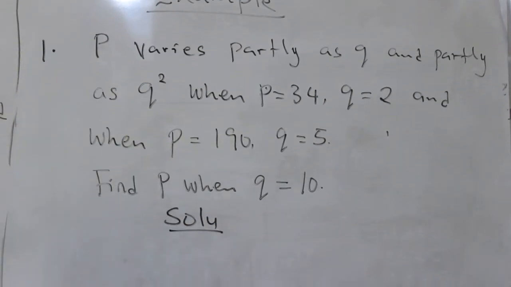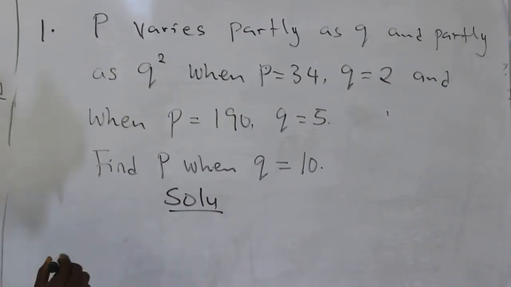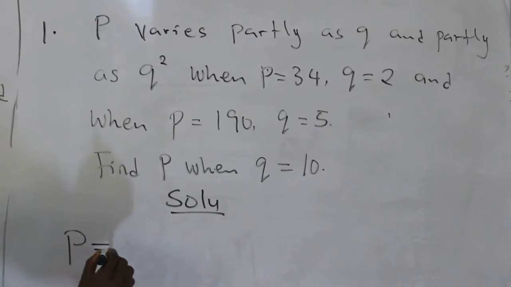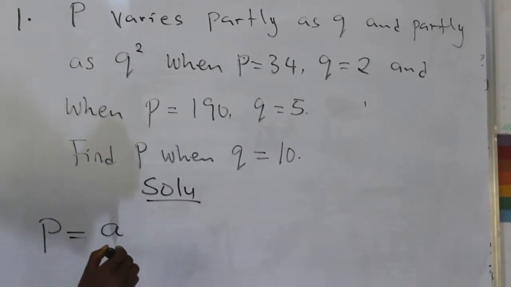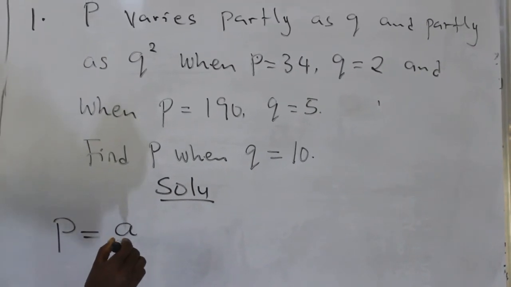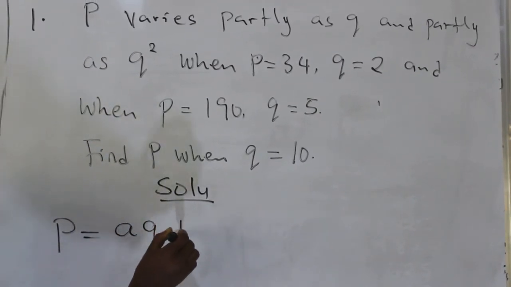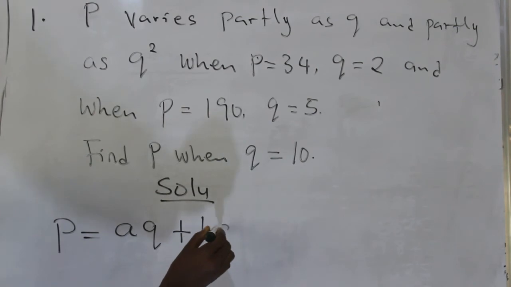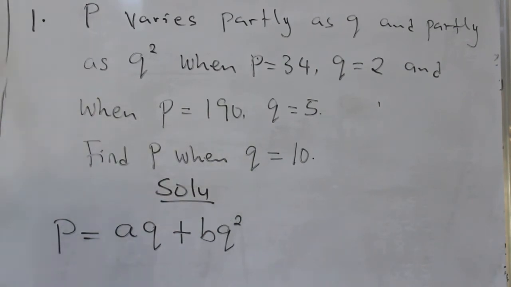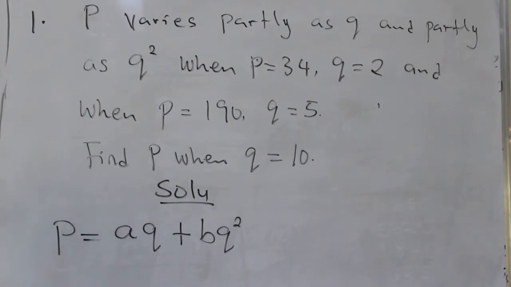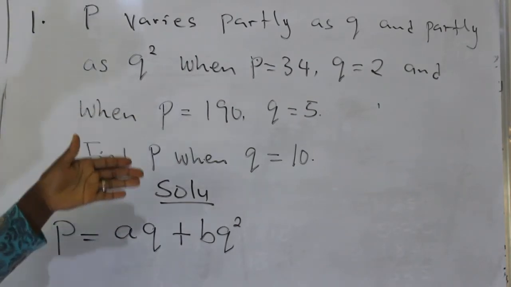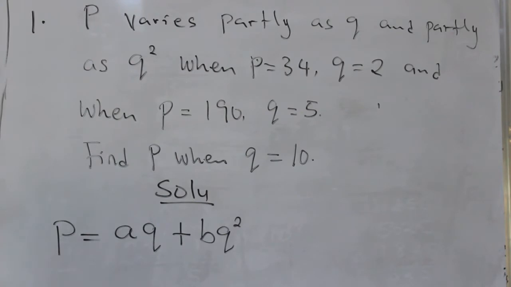So remember, just like the example here, we see p is equal to partly as q. Let's write our constants. Let's use a and b as our constants. So we have aq, then plus bq squared. So this is how we write this type of variation. So you can see we have 2 of them. So we get a simultaneous equation.